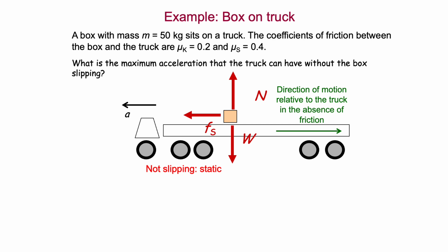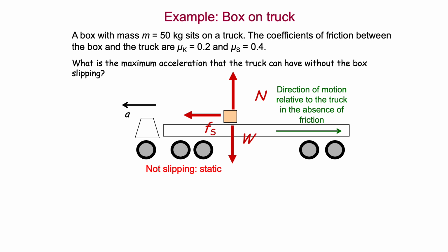Now, I will qualify that here, in a sense, the friction is accelerating the box, but not in that weird non-physical way where you imagine the frictional force is larger than the net forces on the object and the object slides. But you can have static friction hold an object in place while it's sitting on something that's moving, and that is the way in which it gets pulled forward.